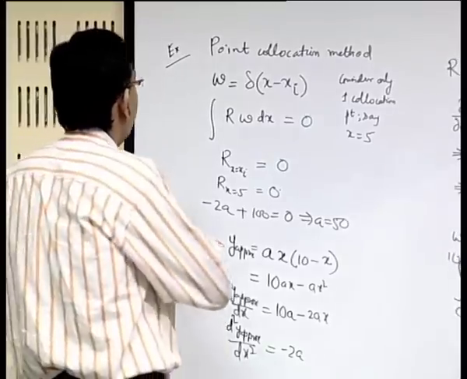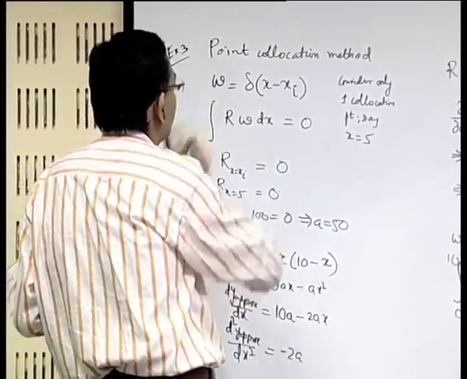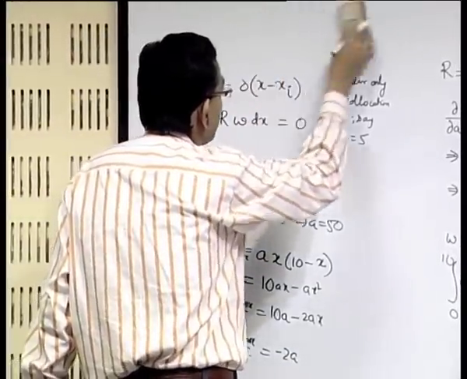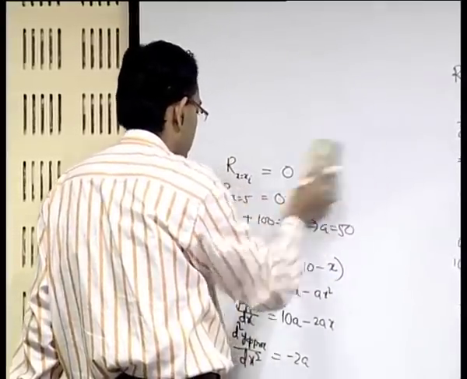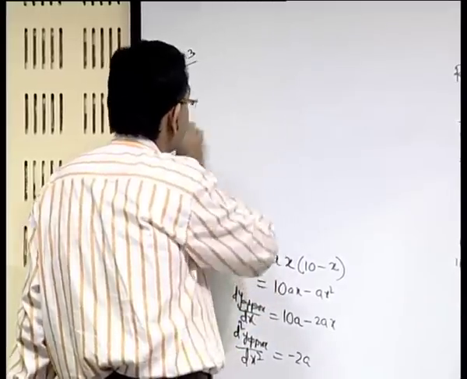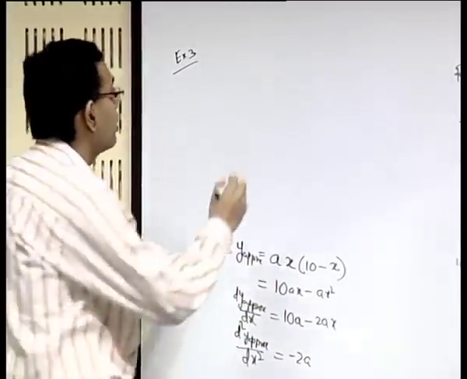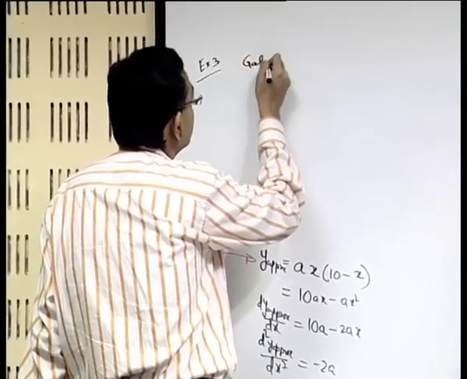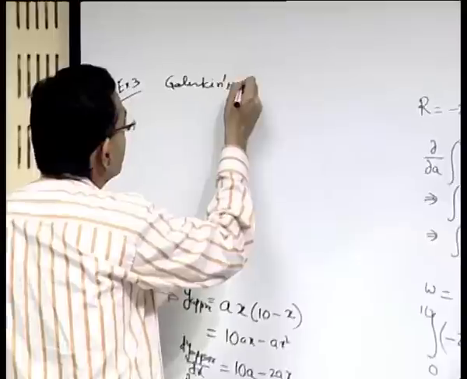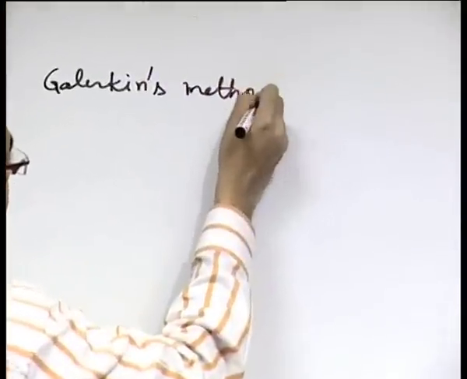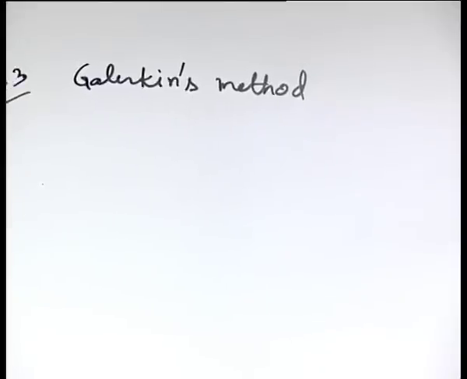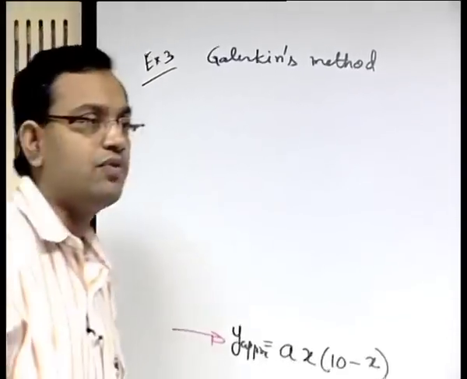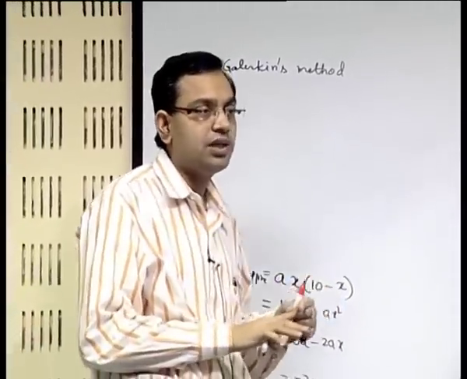The third example, example 3, we consider as Galerkin's method. In the previous two methods we have chosen the weighting function in some special way.